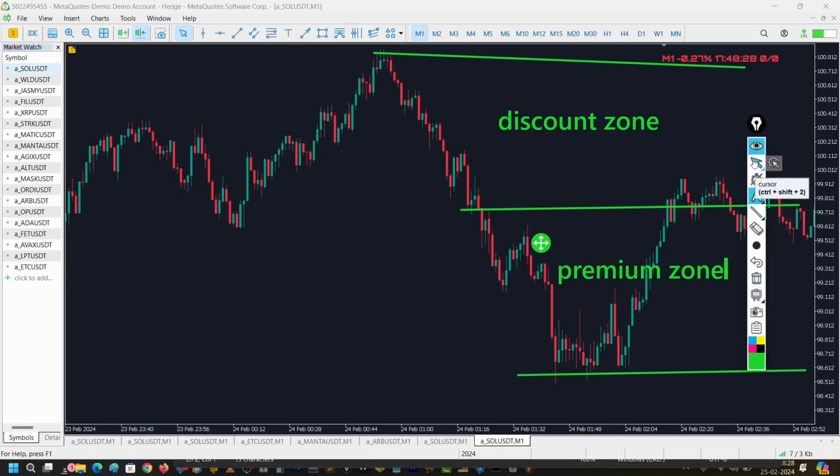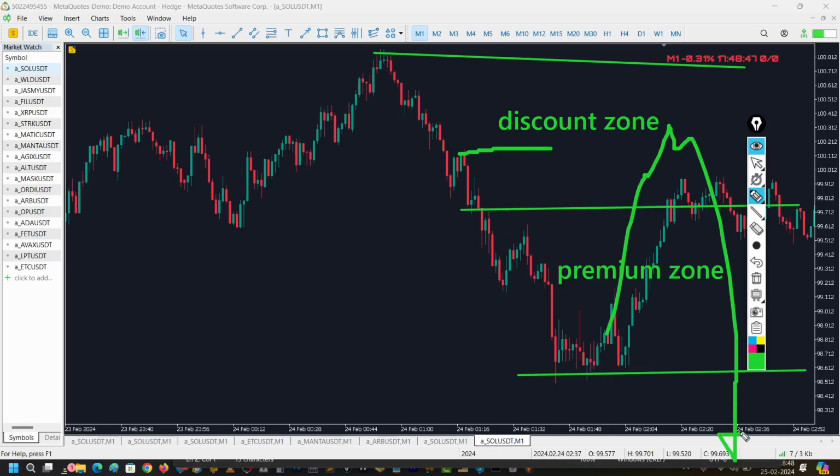So in order to make a decision to sell in the discount zone, the first and very important thing you have to do is check the liquidity. If there is no drawn liquidity, then there is no reason that price is going to reverse. No reason.